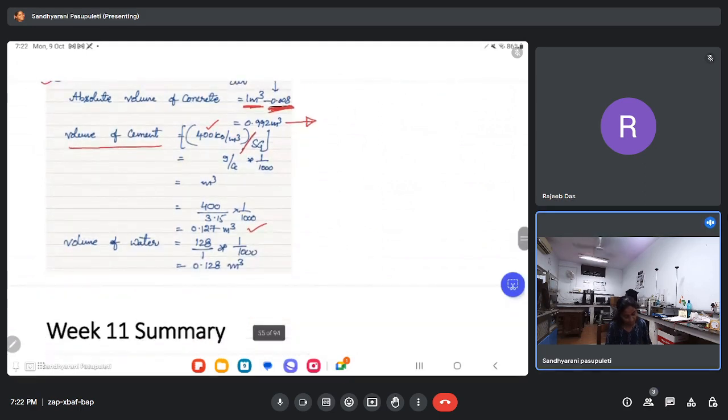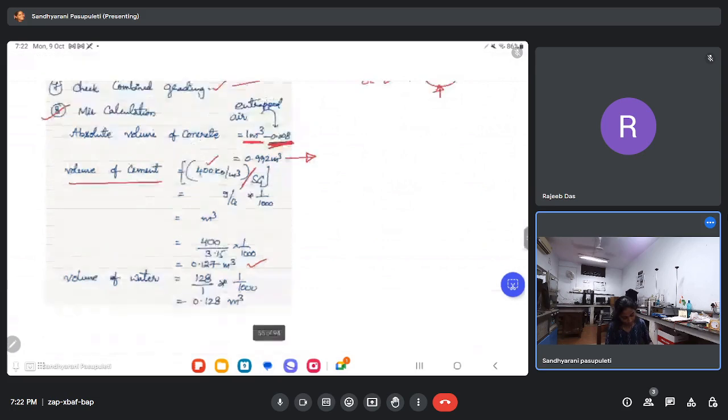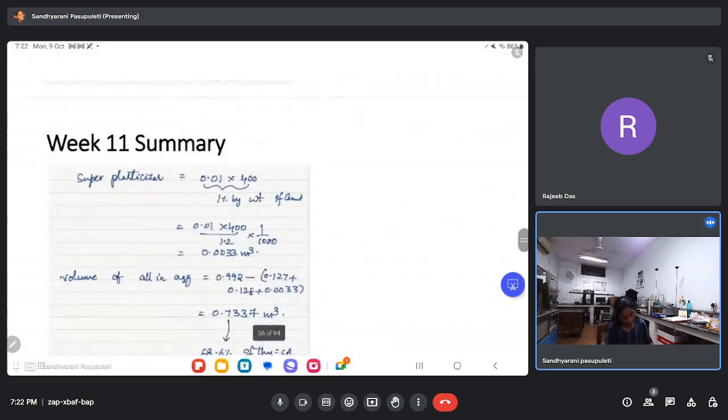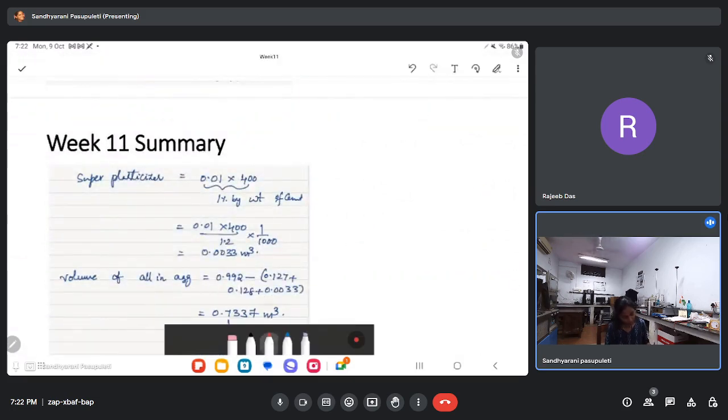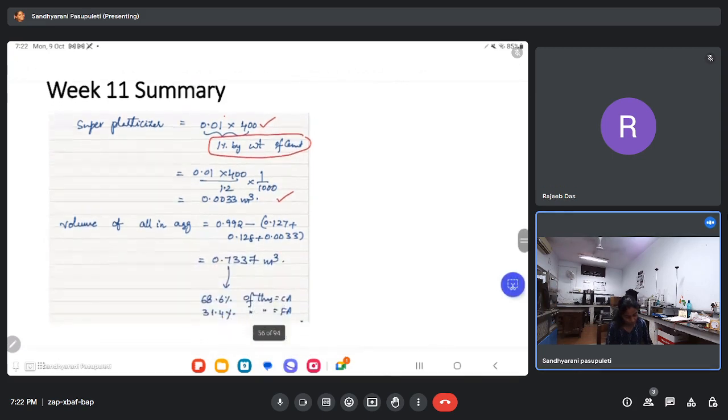In the same way, the mass of water was 128 kg, and we can calculate the volume from that. It was also mentioned in the question that we have to use superplasticizer at 1% by weight of cement. That means 1 by 100 into the weight of cement, which is 400. So we have also calculated the volume of superplasticizer.